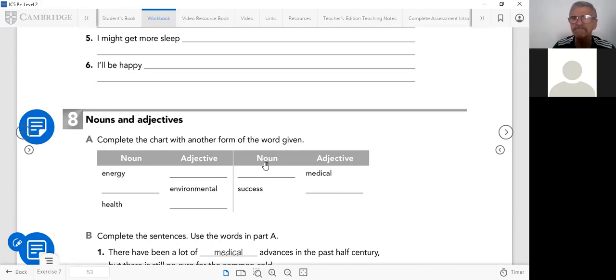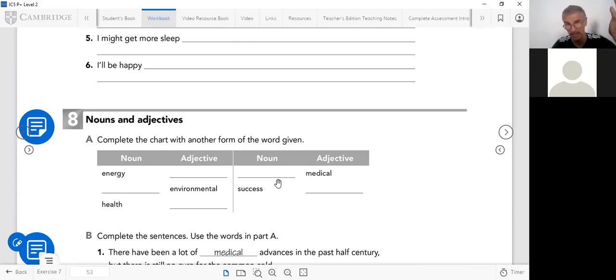Now, what about this? Medical. Medic, medicine, could be. Medicine is a noun. And medic could be a noun too, right? A medic is a doctor, the professional.